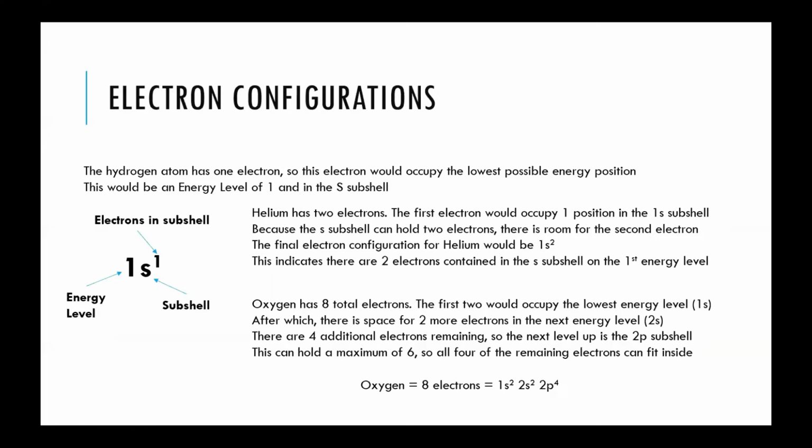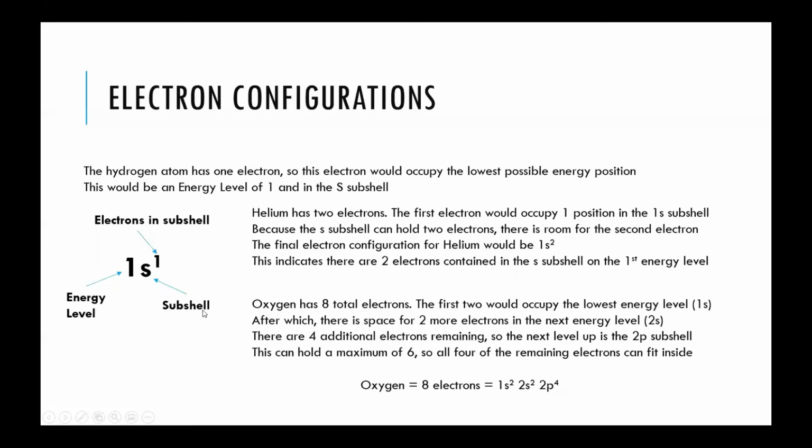When you write the electron configuration itself, you're starting with the lowest energy electron, which in every case will be hydrogen. Hydrogen, that 1 electron at the very base of the atom, closest to the nucleus, with the lowest amount of energy, is at the energy level of 1.